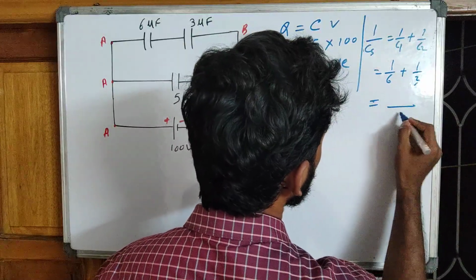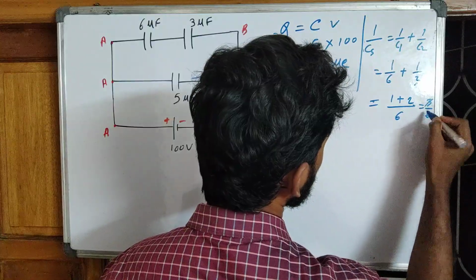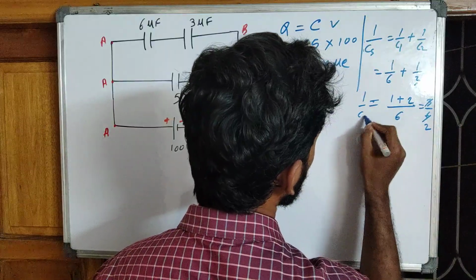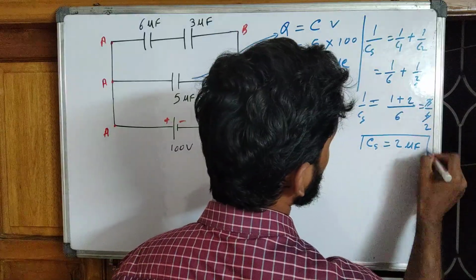The LCM is 6, so we get 1 plus 2 upon 6, which is 3 upon 6. So CS equals 2 microfarad.